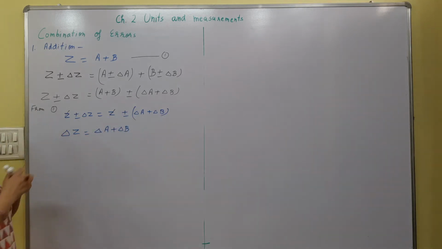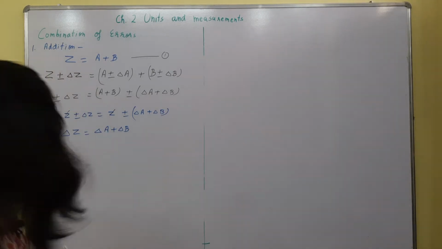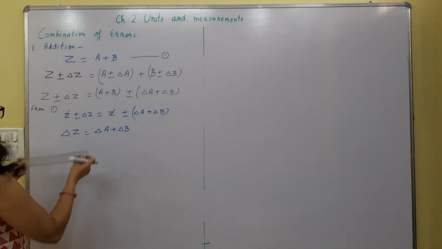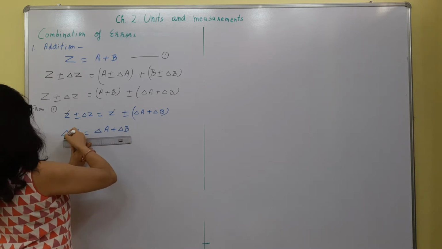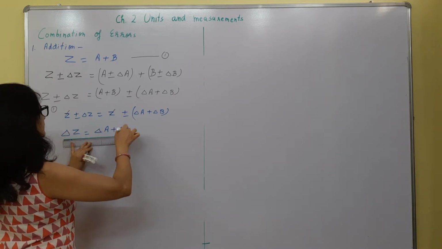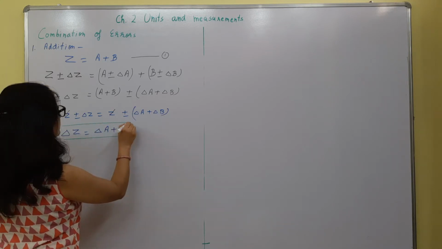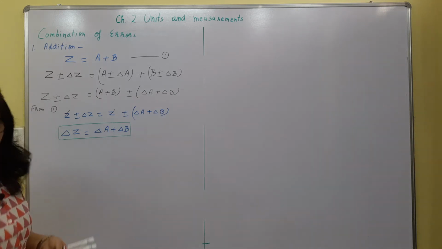So that means error in the addition of two quantities with error is given by the sum of the absolute errors in the measurement of the individual quantities. So error here will be added.